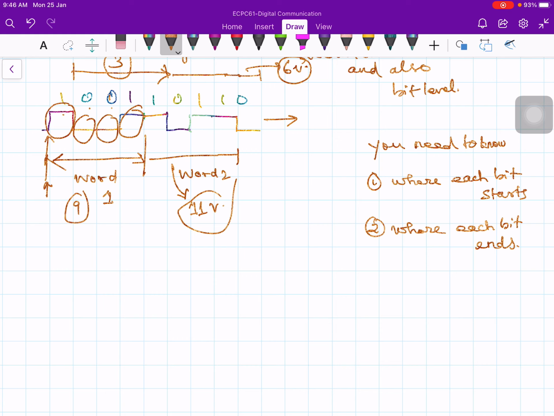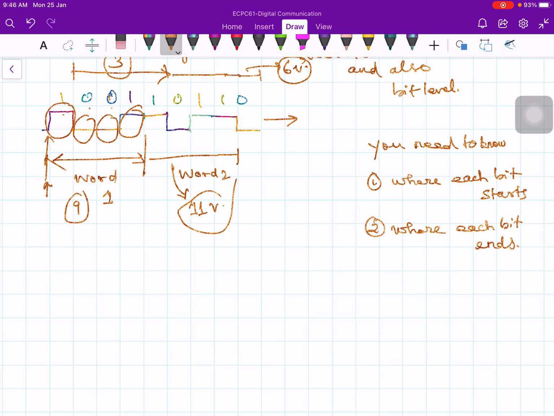Okay, so in order to make a correct decision whether a 1 or a 0 was transmitted in that bit interval, the matched filter must know where the interval starts and where it ends. So the matched filter requires such information.